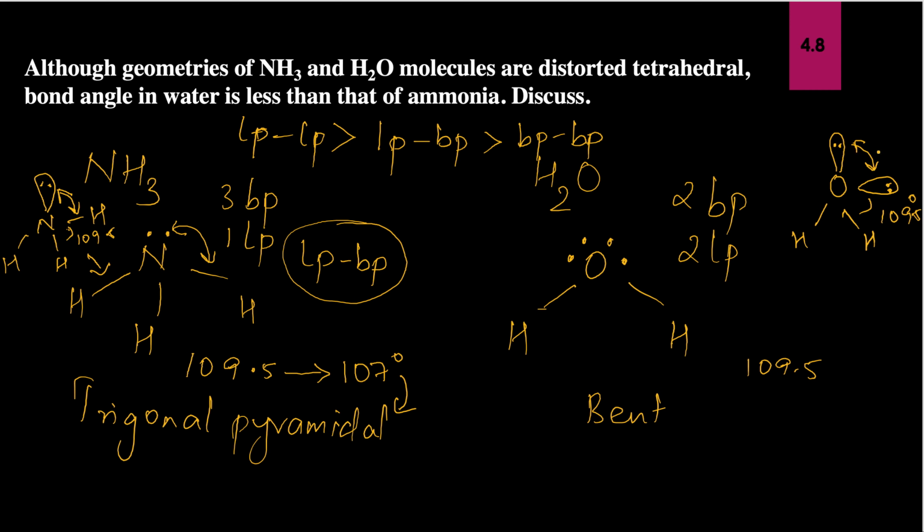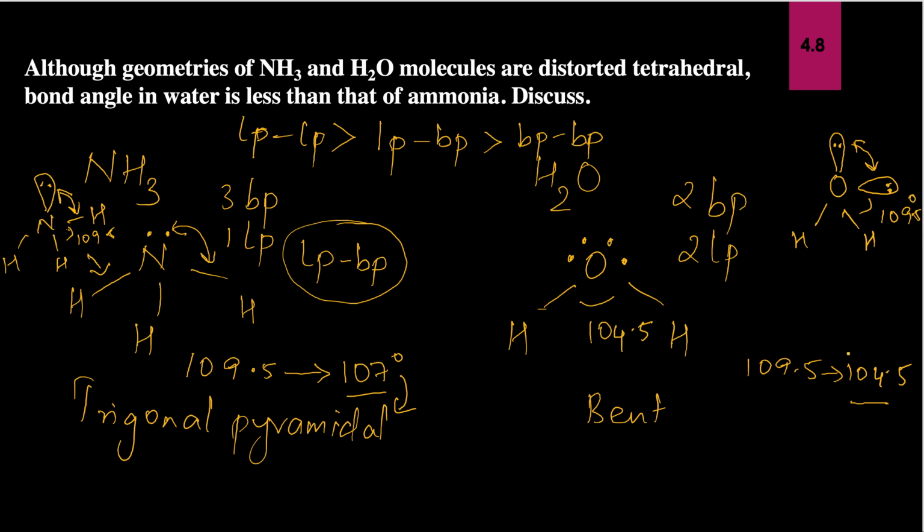Maximum repulsion is seen here, pushing the bonds away. So when they push them away, now you have a bond angle of 104.5. So now it changes to 104.5. Okay, so here when you see, this is changed to 107 and this is changed to 104.5.